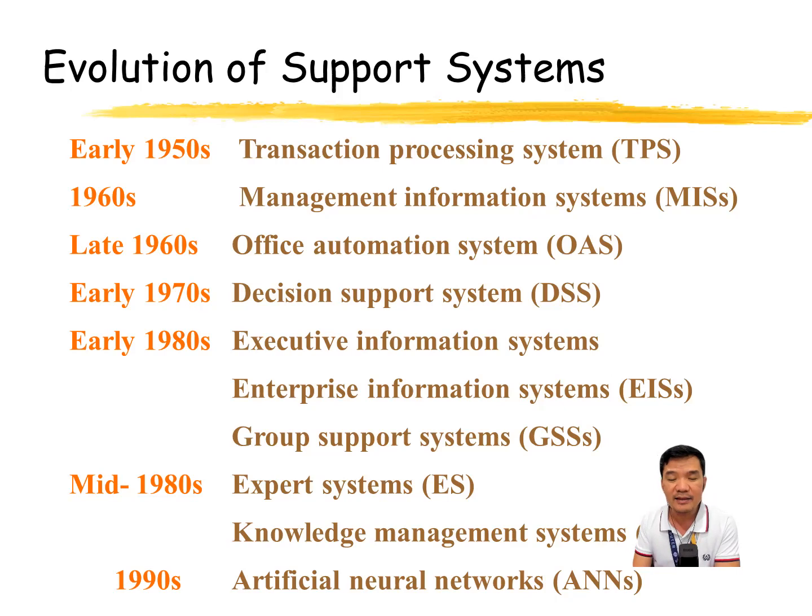And 10 years after that, there's a focus on the upper level management part, which is the executive information systems, where enterprise information systems has been derived at this part, and also the group support systems.